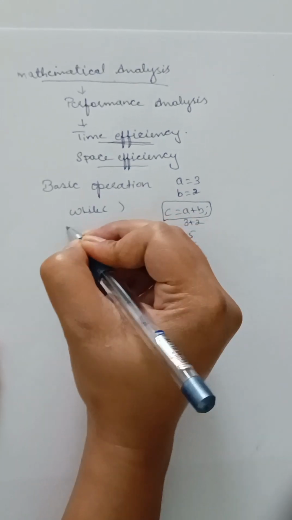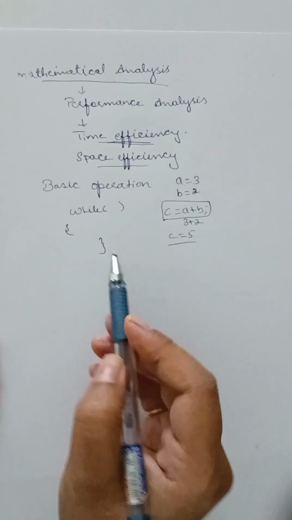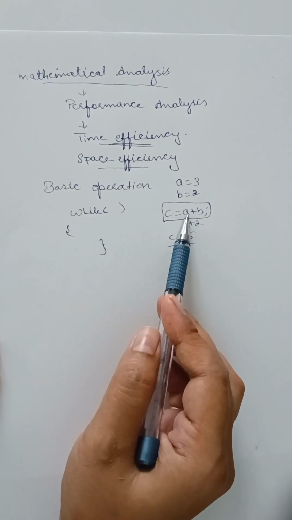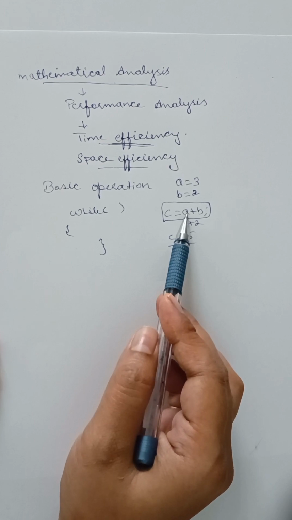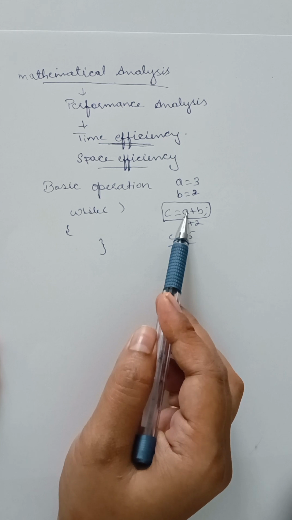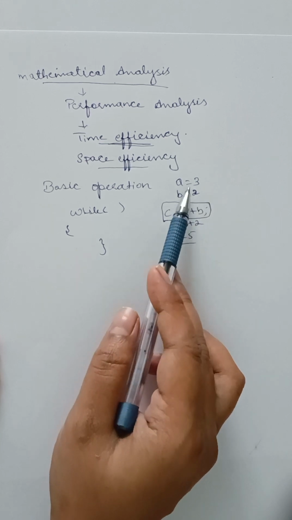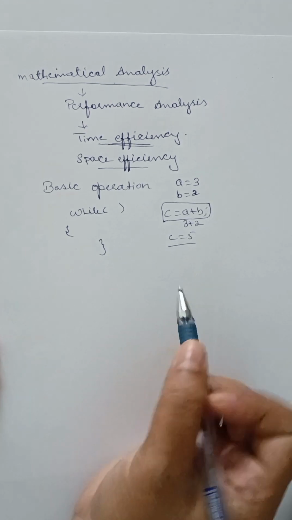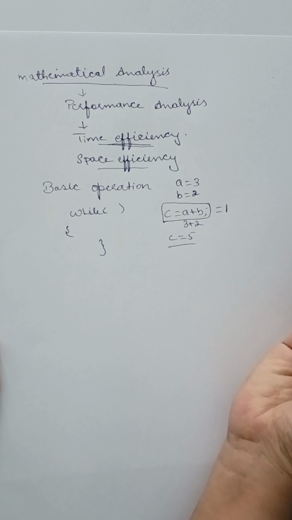The statements inside this while loop will be considered the basic operation. Here this is a non-recursive algorithm. Non-recursive algorithm means there will be no repetition or recursion. You just give the value for a and b, then I'll calculate it only once. In non-recursive algorithms, the basic operation count will always be equal to 1.